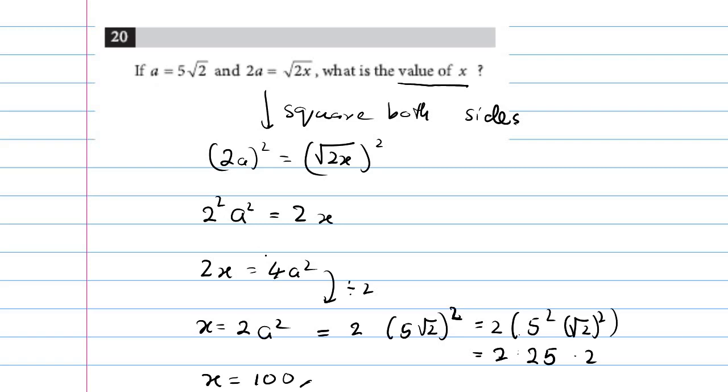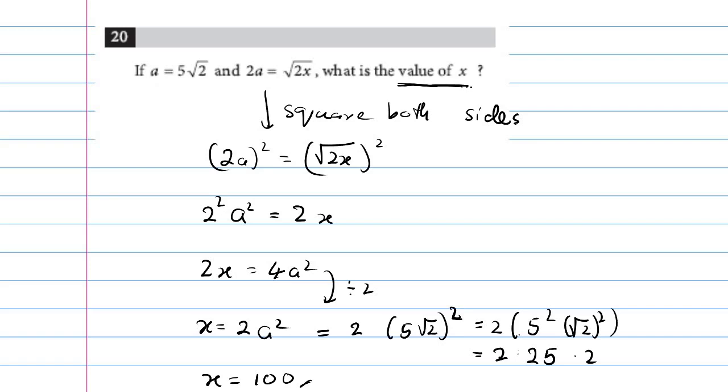So let's go back to where we started to count the key takeaways. We have 2a equals square root of 2x. Look at the final objective of this question, to find x, and x is inside a square root. First you get rid of the square root, and you pretend that a is just a number.